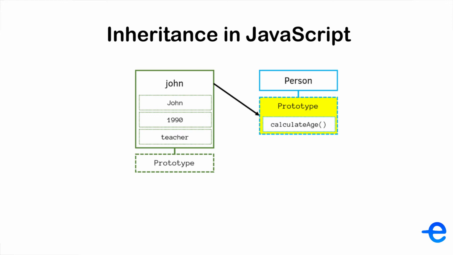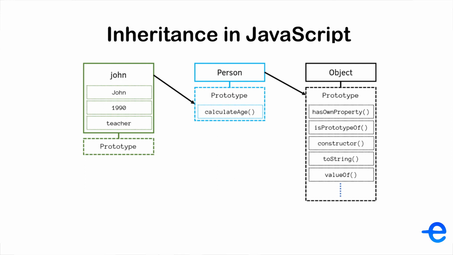Similarly, any other object created by this person object will automatically inherit this calculateAge method and can use it. Just to reiterate, a person's prototype property is not the prototype of the person, but of all the instances created from the person object, like John.